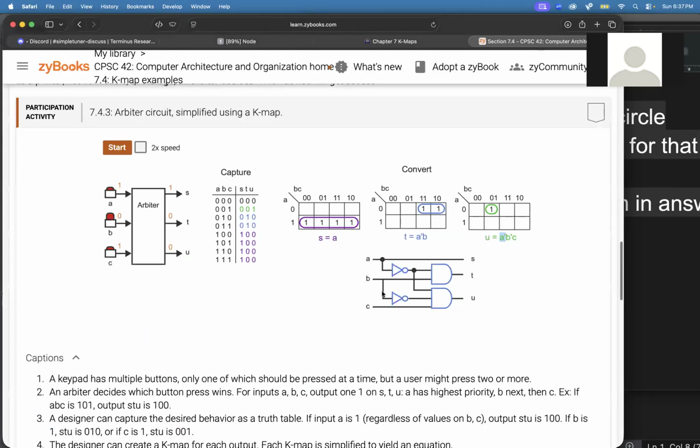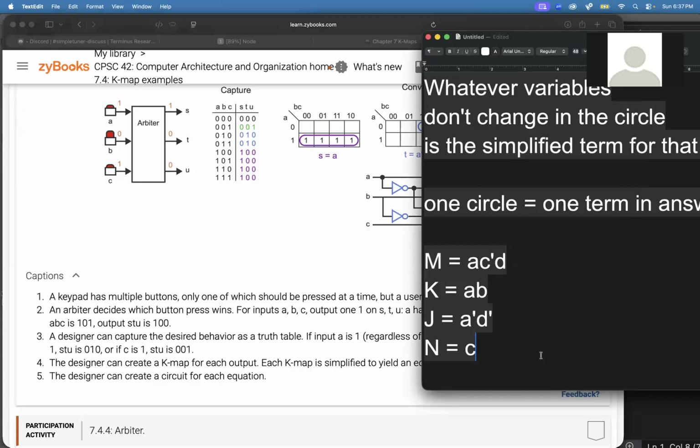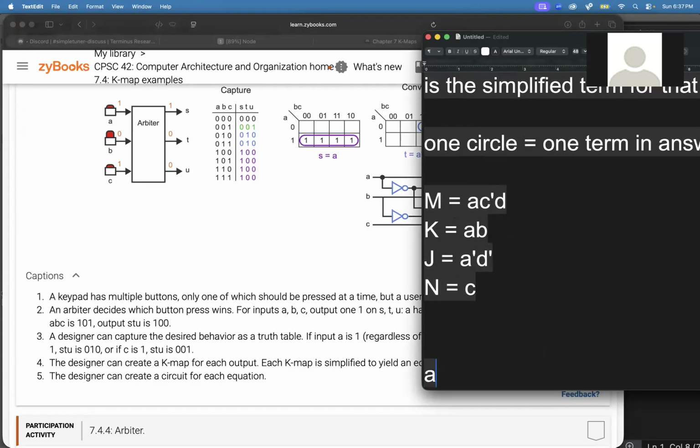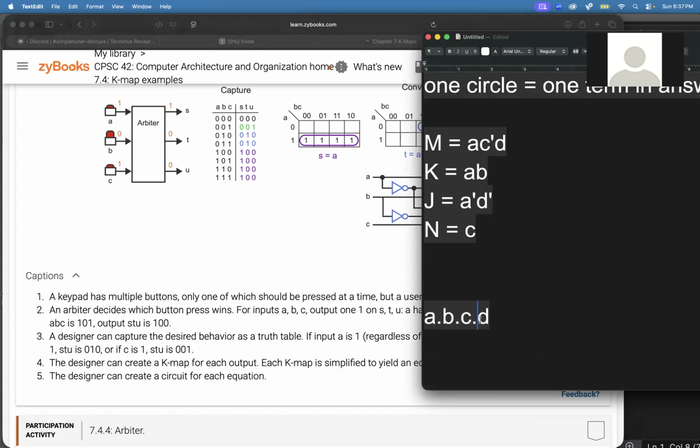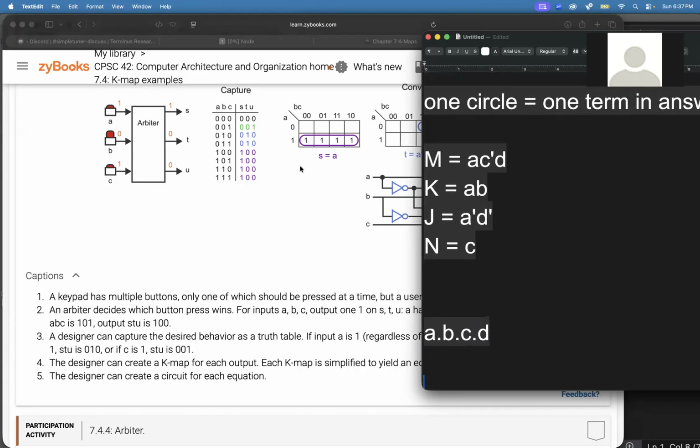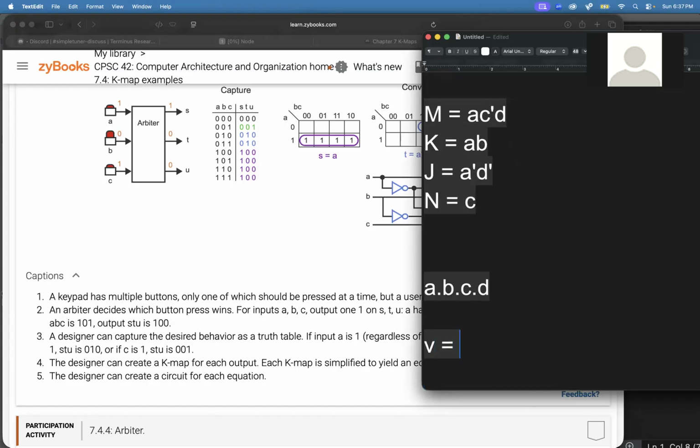So if we wanted to add an even lower priority button, right? If we had A, B, C, and D, so we add this extra even lower priority button, then the equation for it, we have S, T, U, so the next equation would be V, they say. And then what would it be?